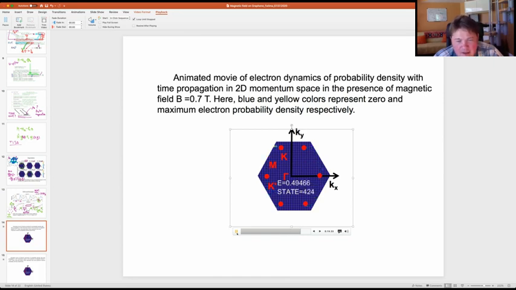Instead, Fatima is showing scanning through all eigenstates as a movie. One can see that some of them are localized near the red dots, and some of them form shapes in this momentum space.